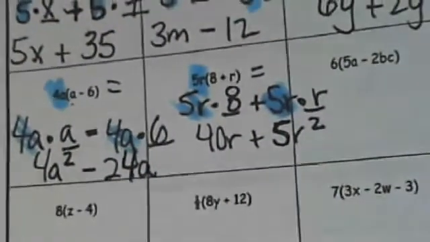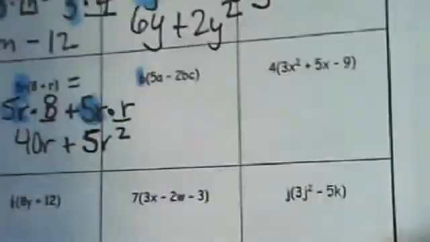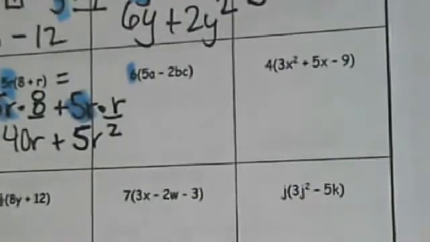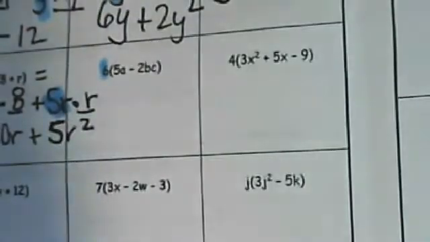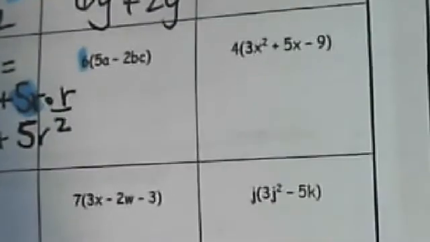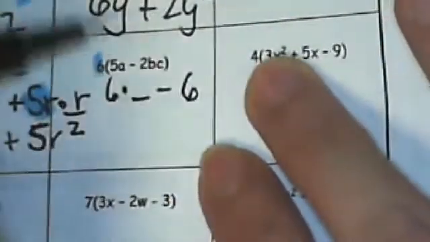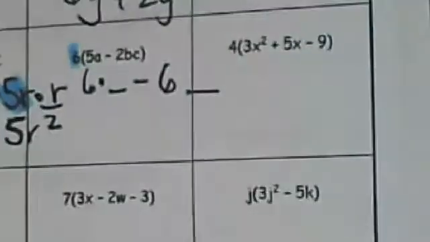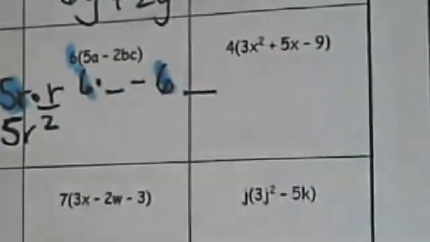Alright, so let's go ahead with this one. 6 is on the outside of my parentheses. So that means the 6 times whatever's inside the parentheses, minus the 6 again times what's inside the parentheses. So the 6 is written twice. If it helps, you can always draw arrows.